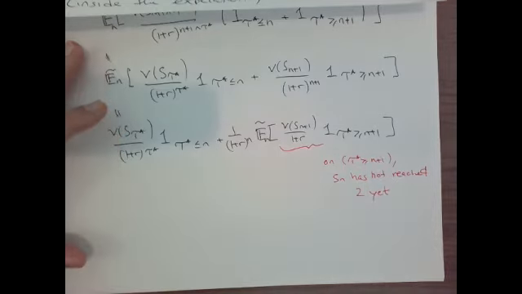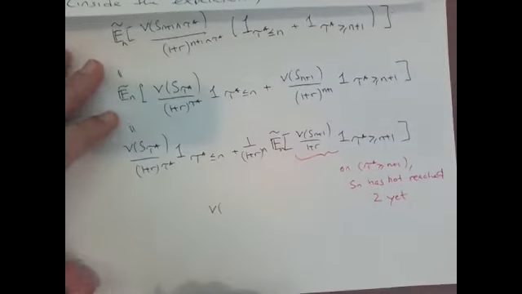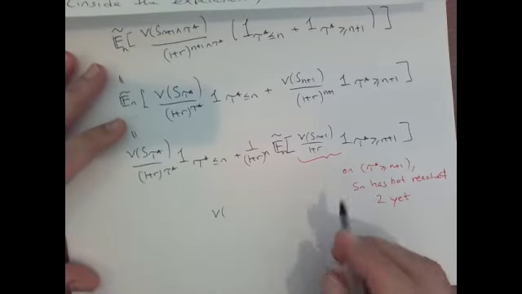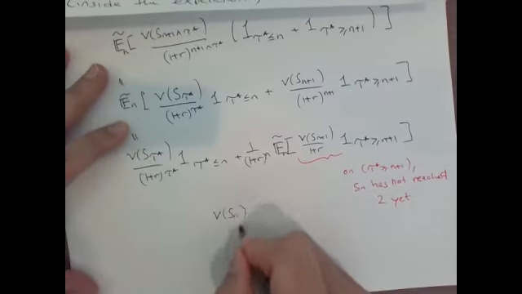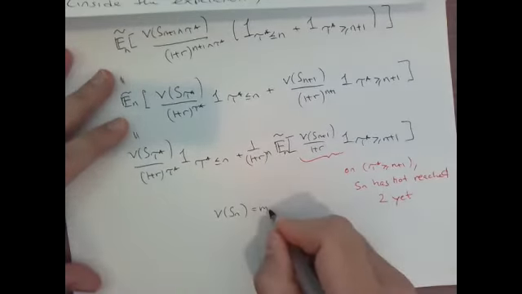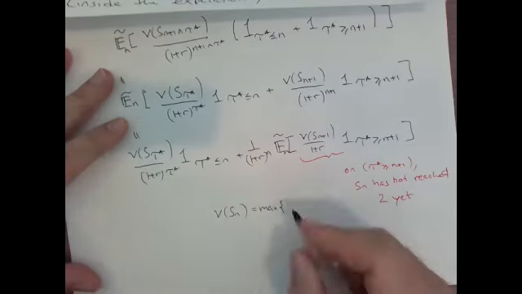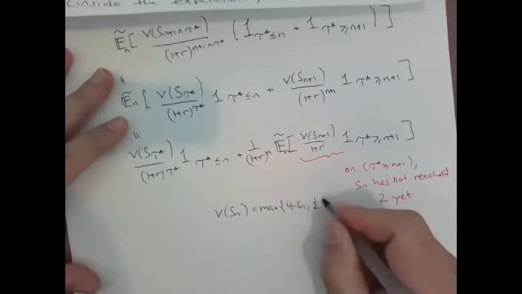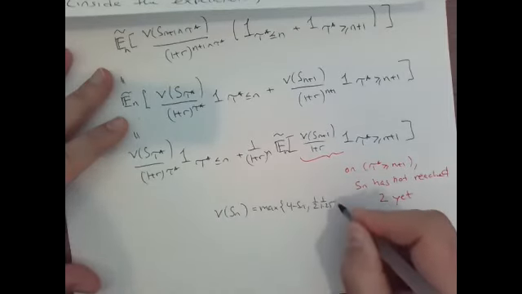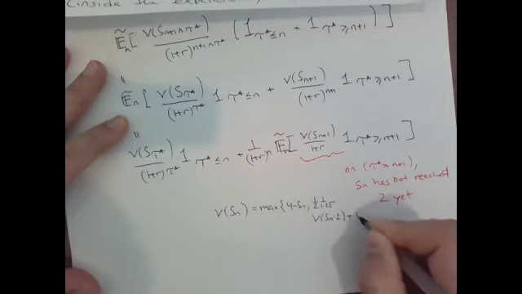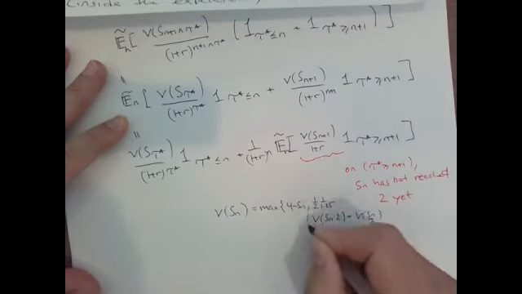So that means that when I'm looking at v of Sn, right, this is going to be equal to, what was it, the max of 4 minus Sn, and then there was this 1 over 1.25 times v of Sn times 2 plus v of Sn divided by 2.